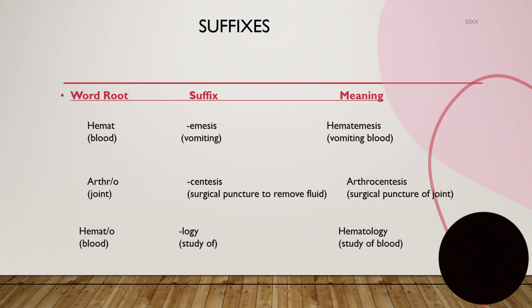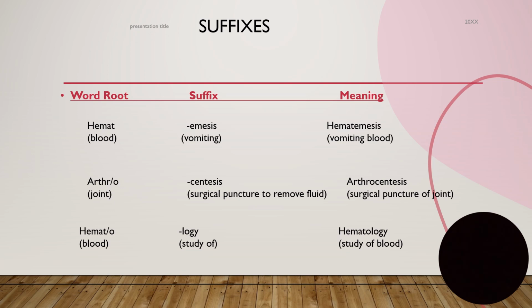Next we have arthro, good old arthro, which means joint. Suffix, centesis, surgical puncture to remove fluid. And when you combine the word root and suffix, you get arthrocentesis, surgical puncture of a joint.